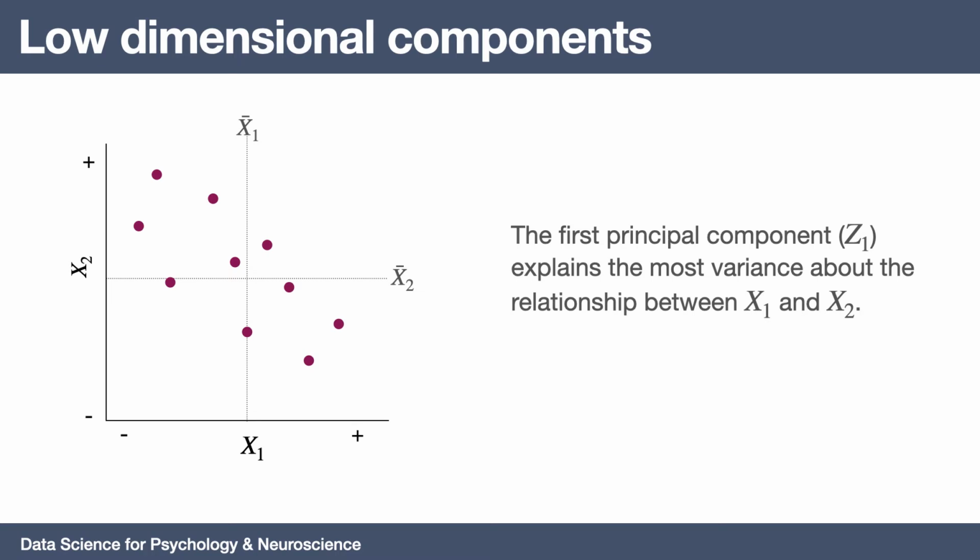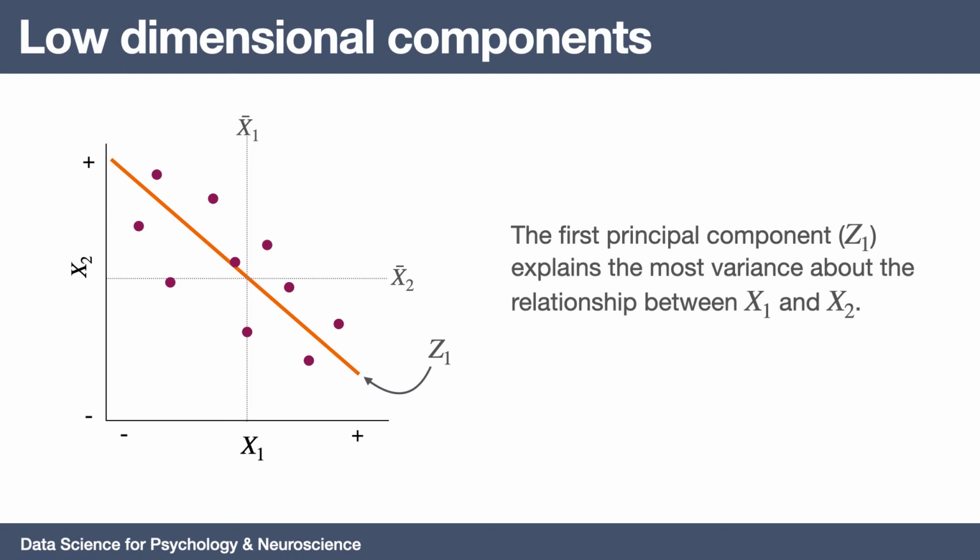If we look at the distribution of a hypothetical data set here, so x1 and x2, the first principal component is akin in some ways to the regression line. It is the line through the joint distribution of x1 and x2 that explains the most variance. The second principal component is linearly independent.